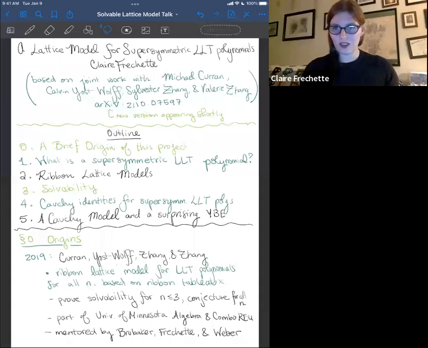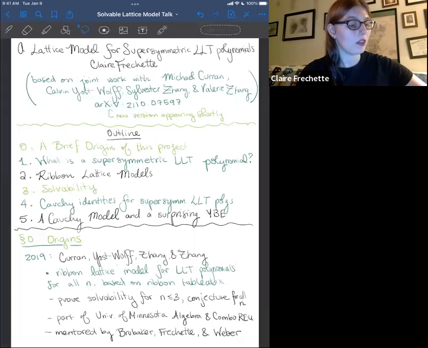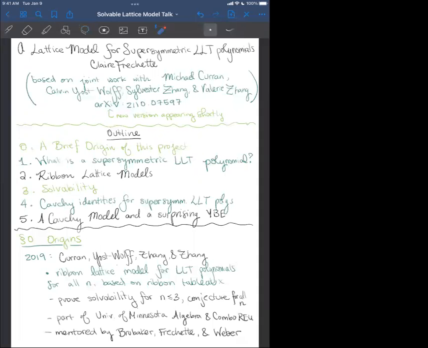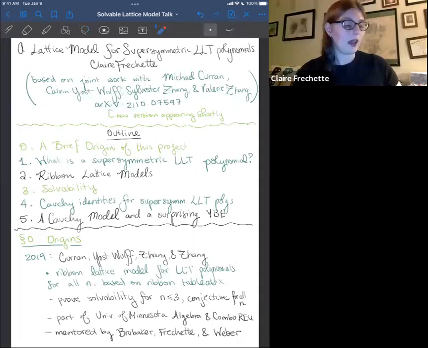I usually do slightly more things on the number theory end of lattice models, from being interested in quantum groups, and then from also being interested in running undergrad research projects, I've been doing a little bit more combinatorial stuff lately. So this project in particular is based on joint work that I originally started as an REU project at the U of M, and then has morphed into a bigger project.